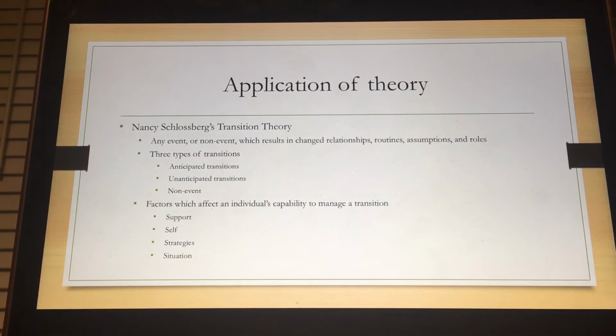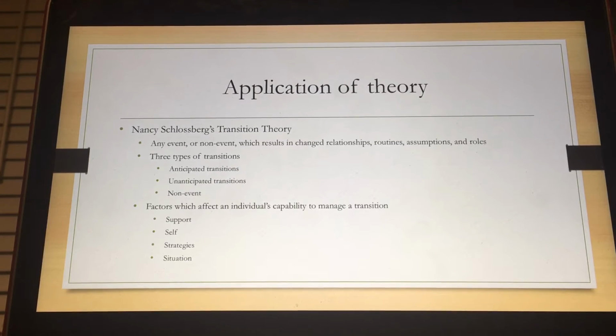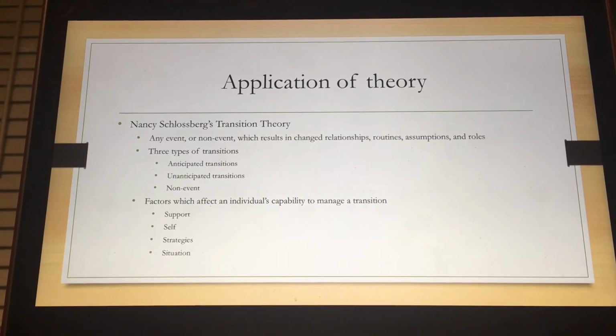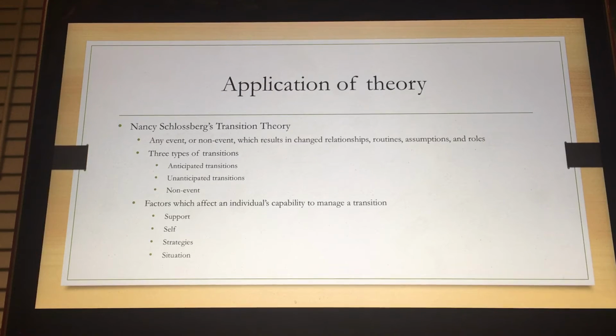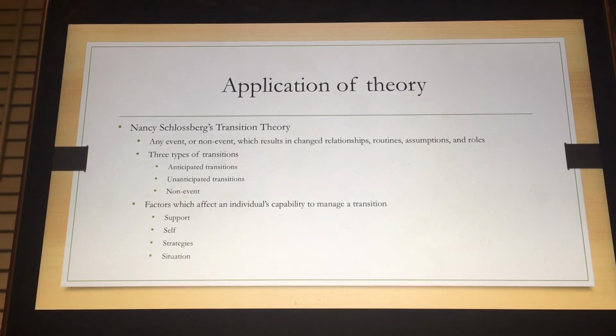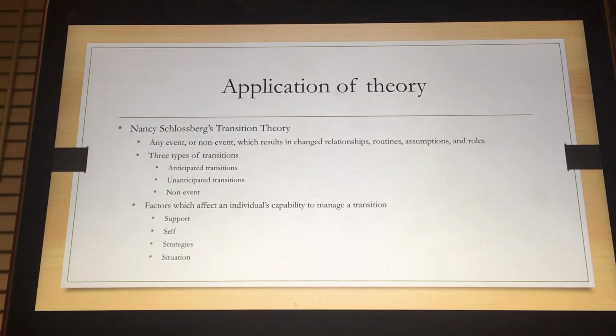For instance, an international student who comes from Italy might be able to handle a transition better as opposed to another student who comes from Italy, just because one student attends an institution which has better support systems in place for international students. Supports can also be measured by looking at the stable support which is available for the individual, support which might be independent, and supports which might change.